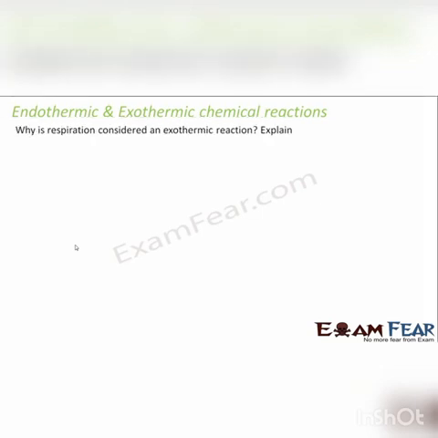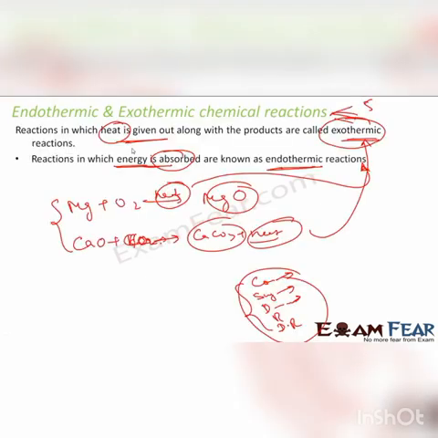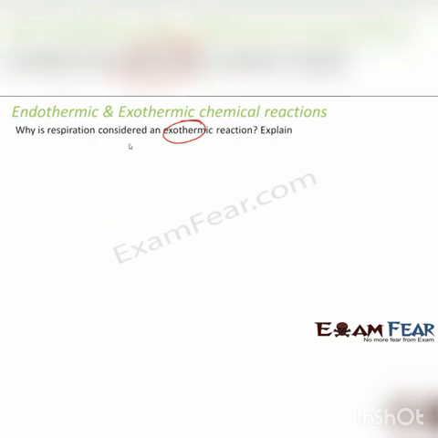Now the question is, why is respiration considered an exothermic reaction? In an exothermic reaction, heat is given out, and in respiration, we have food, oxygen is taken in, and with this we get energy and we get heat, right?